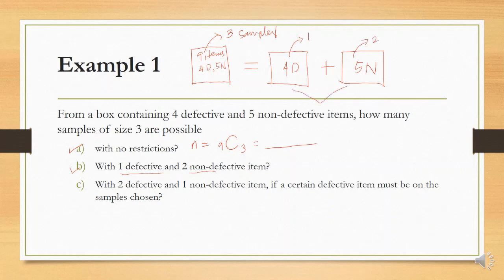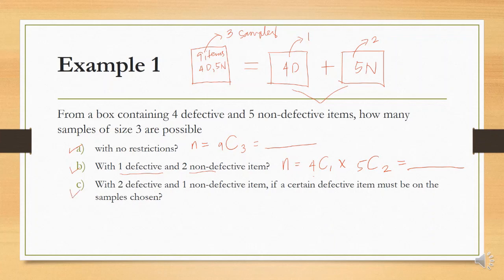Ito ngayon yung gagamitin mong solution mo. N is equal to 4 combination 1 times, diba? Kasi yung multiplication rule natin, times 5 combination 2. So, yan yung ating magiging sagot. Just process this in your calculator. This will give you the answer right away.